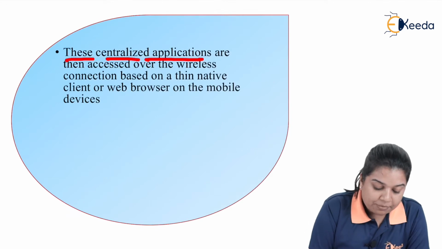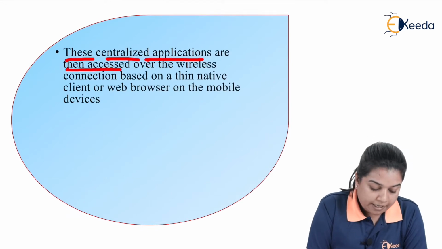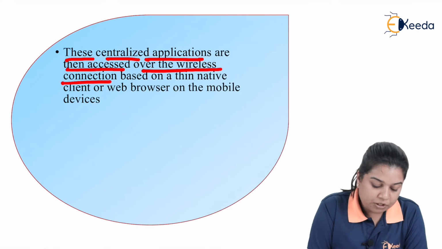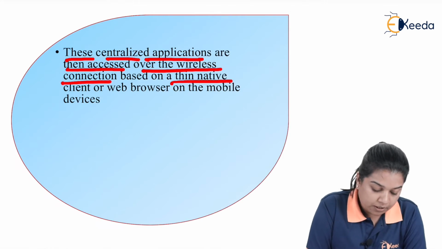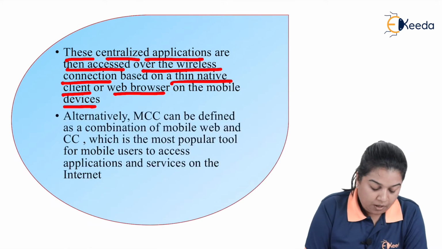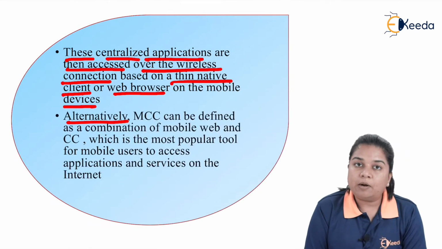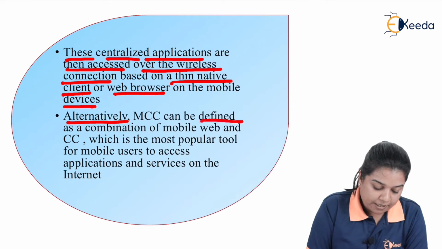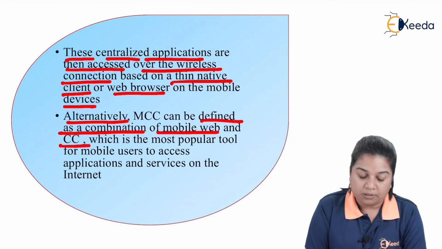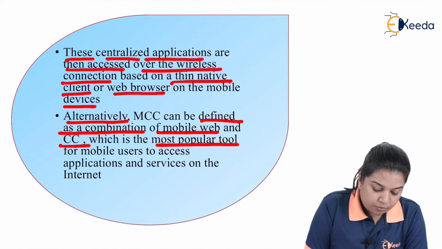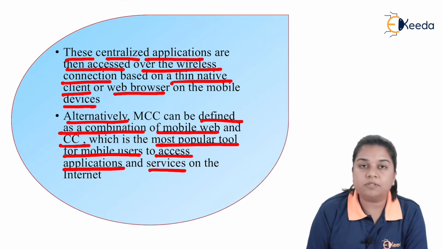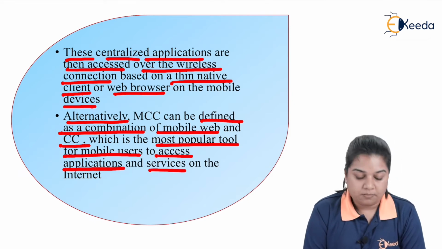These centralized applications are then accessed over wireless connections based on a thin native client or web browser on the mobile devices. Alternatively, mobile cloud computing can be defined as a combination of mobile web and cloud computing, which is the most popular tool for mobile users to access applications and services on the internet.